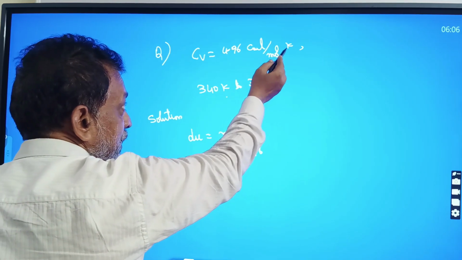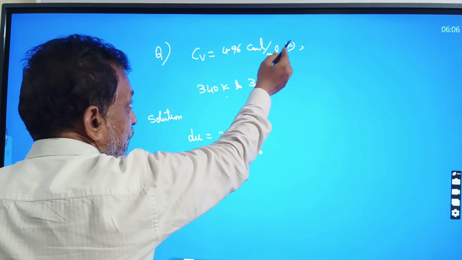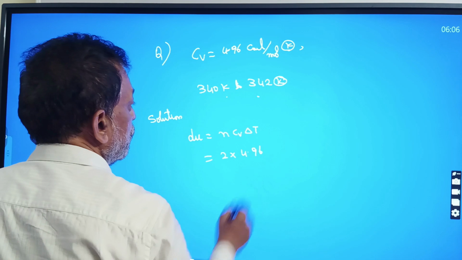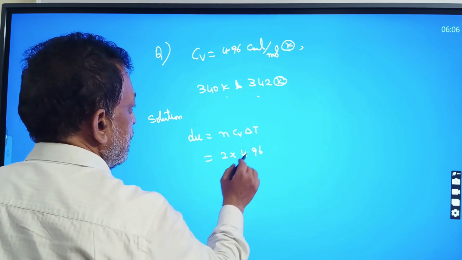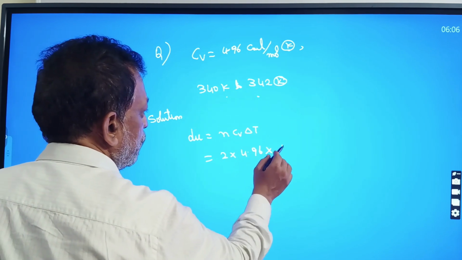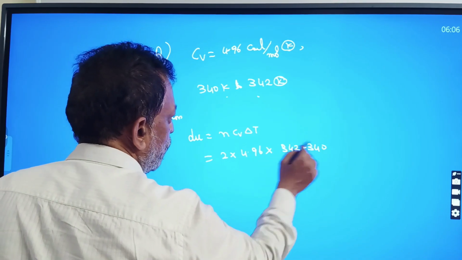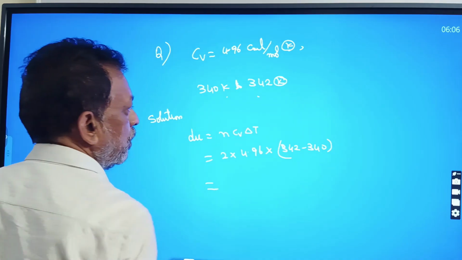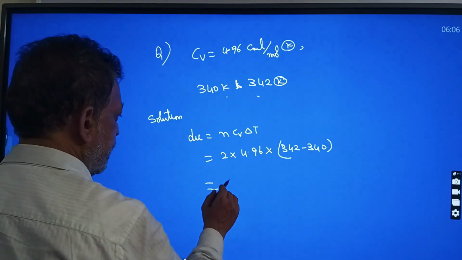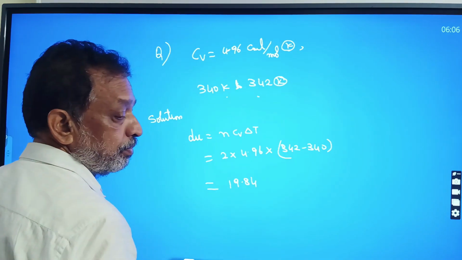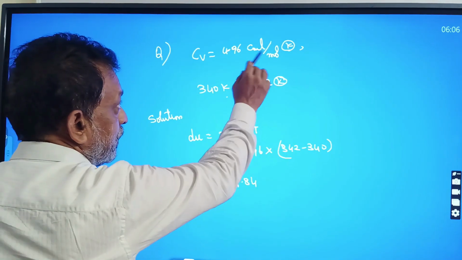The most important is what unit is given? Kelvin, so no problem. So 2 into 4.96 into the temperature difference, 342 minus 340. So 19.84. What is the unit? Calorie, by checking this one.